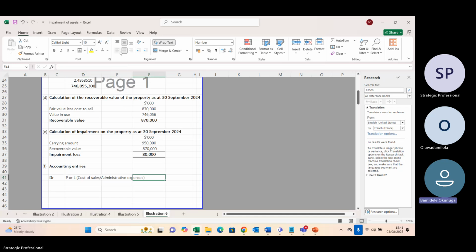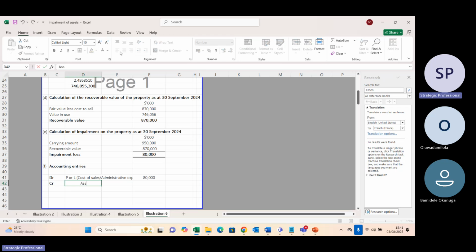Then credit the asset account, property. In this case, the asset is property, which is 80,000, right? That would have been the accounting entry for the cost model.